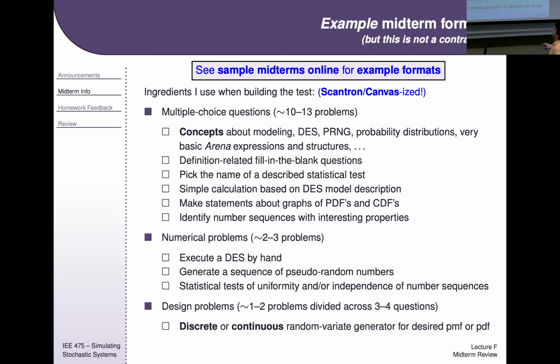I try to make most of them multiple choice type questions, elaborated. Maybe multiple choice in terms of drop-down boxes, fill-in-the-blank type questions. Maybe I'll put a couple of fill-in-the-blanks in one passage so I can relate them. And then a few relatively easy numerical problems. As you'll see, I like to give you the hand simulation table and put holes in it, and then I'll have you fill in those holes.